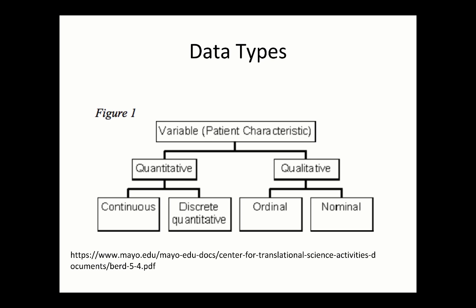Now here's a basic chart that shows a breakdown of the two types of data and their subclasses. As shown on this figure, quantitative data can be continuous, meaning it can take on any numeric value. Discrete quantitative data can take on a limited number of values. Discrete data have finite values, or they have buckets. You can count them, for instance.